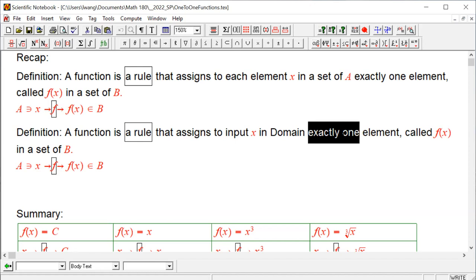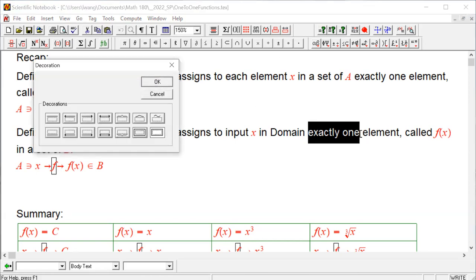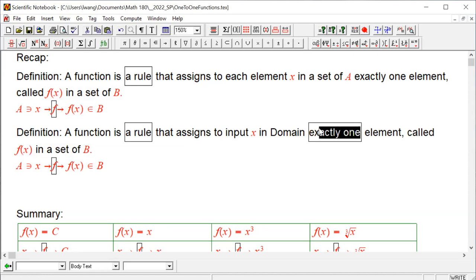Exactly one also means unique. Exactly one means not less than one, not more than one, exactly one. That's what it means, and it also means unique. So I'm going to box these two words.